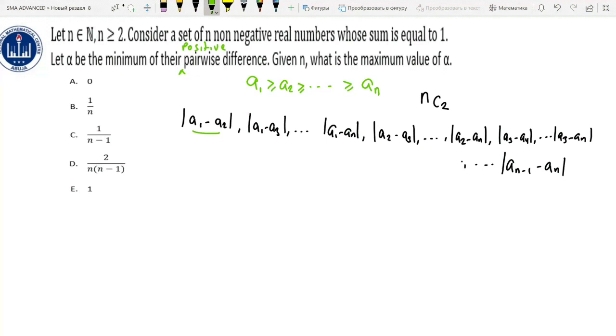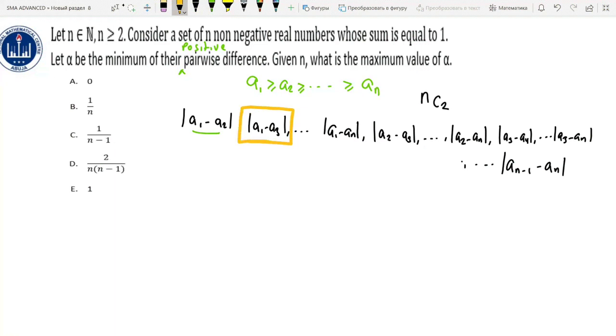So now, this is the key part of this solution in this second case. If you notice, the question says let alpha be the minimum of the positive pairwise difference. So now we know we're 100% sure that A1 minus A3 cannot be the minimum possible difference. Why?